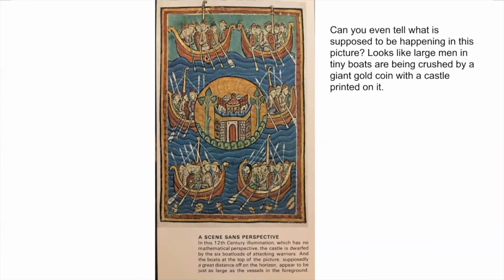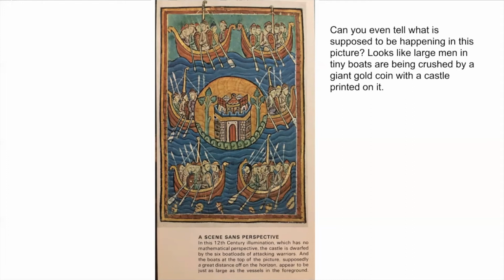You certainly wouldn't be able to see individual people and their details on them because they'd be so far away. The island itself would never overlap the boats. I mean, to me, this looks like a coin crushing boats in the ocean.